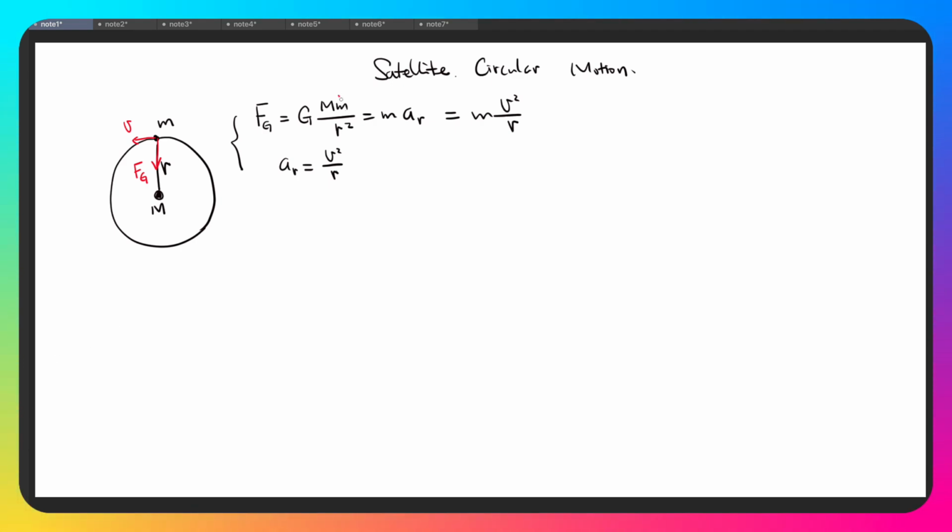Now the m's cancel out, and then one factor of r also cancels out. So we have v equals the square root of GM over r. Okay, so that's the satellite speed.